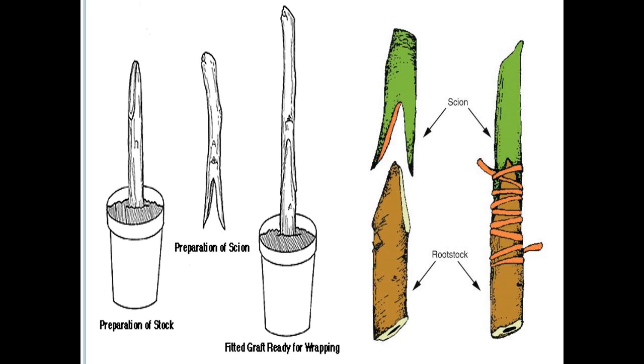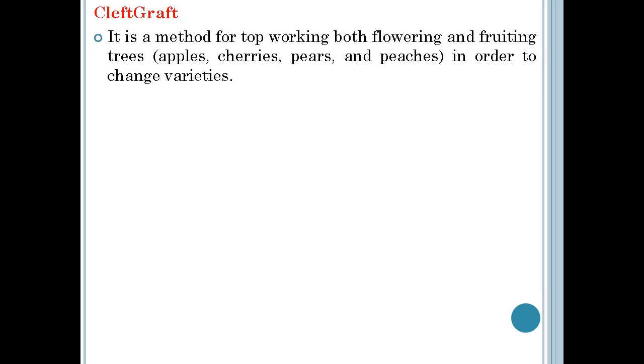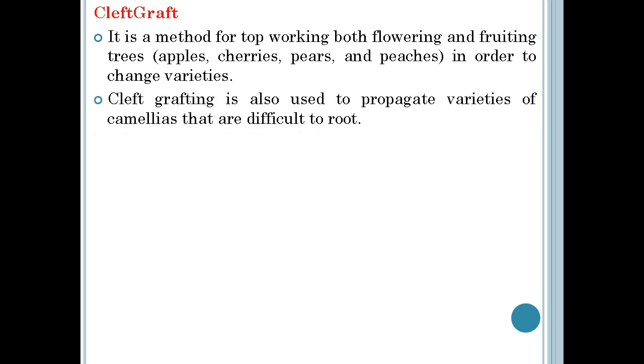Top working. Cleft graft. It is a method for top working both flowering and fruiting trees, apples, cherries, pears, and peaches, in order to change varieties.